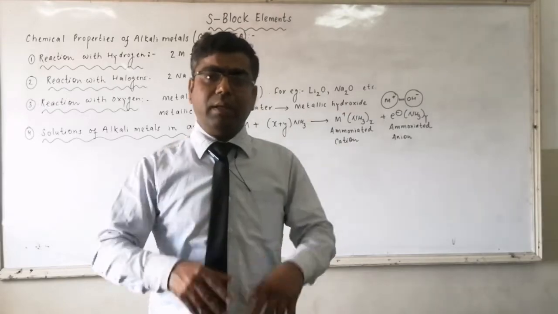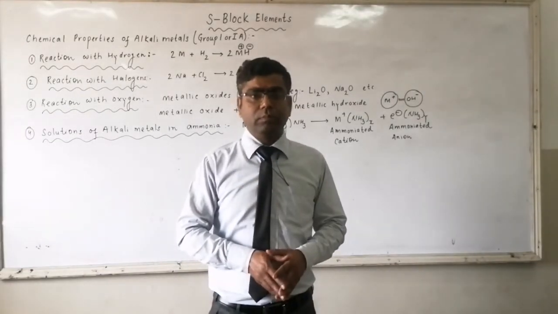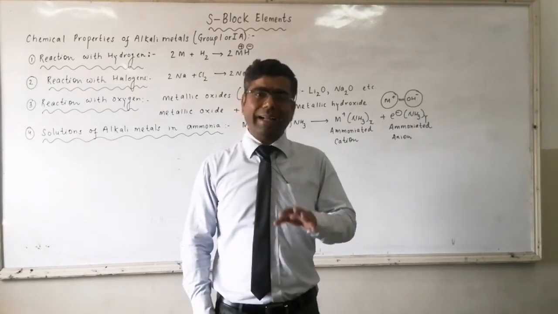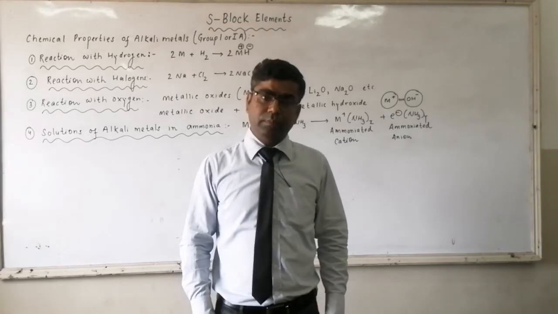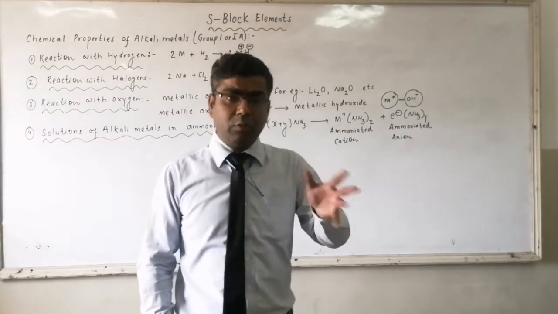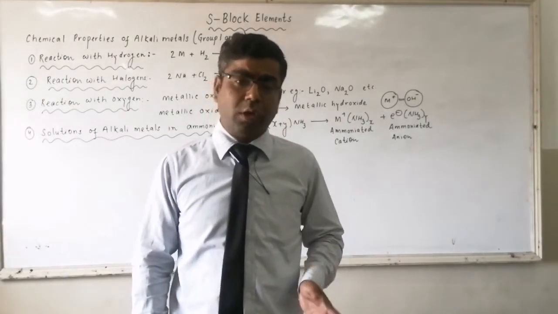See what happens when we add sugar to water. Sugar gets dissolved in water and we get sugar solution. What happens when common salt is added to water? Common salt gets dissolved in water and we get salt solution.